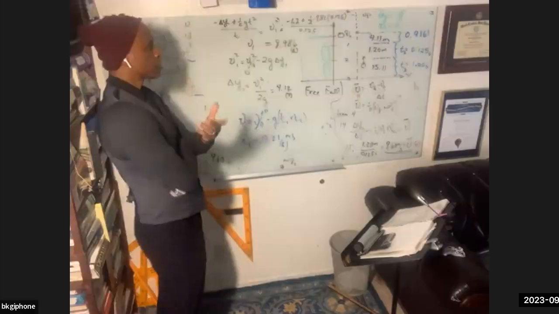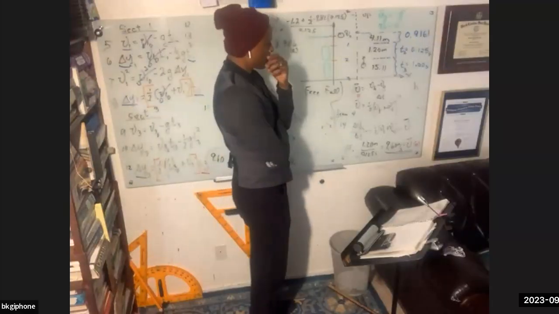So when you add the 0.9161 here, you're adding extra time. You see what I'm saying? Because T2 goes from the top of the building to the bottom of the windowsill, which includes the 4.11 meters and the 1.2 meters.